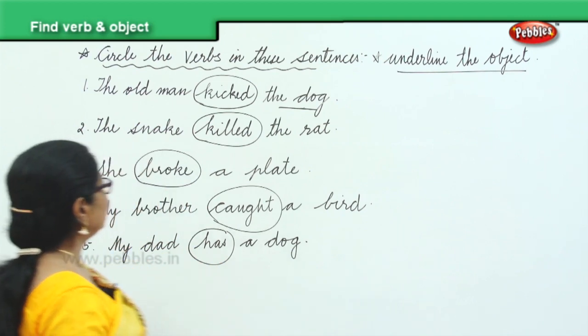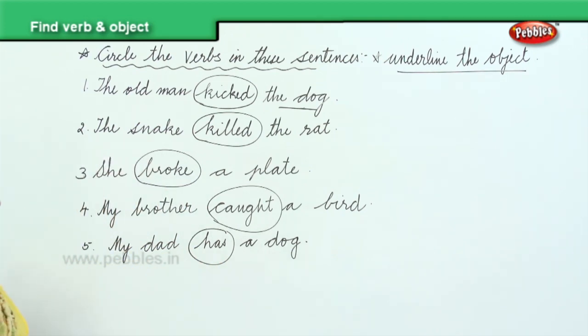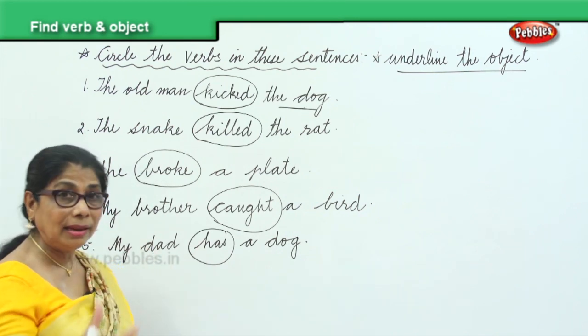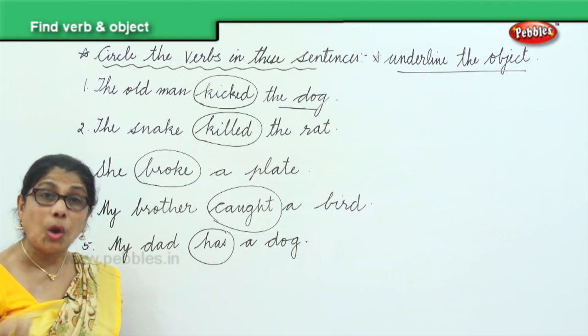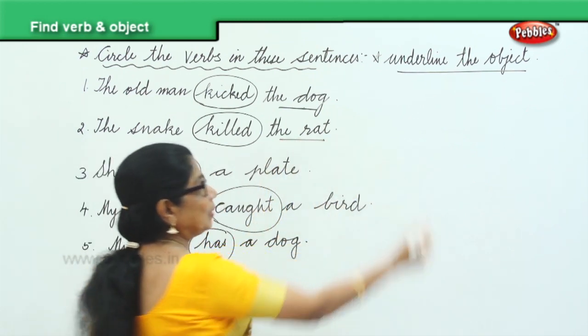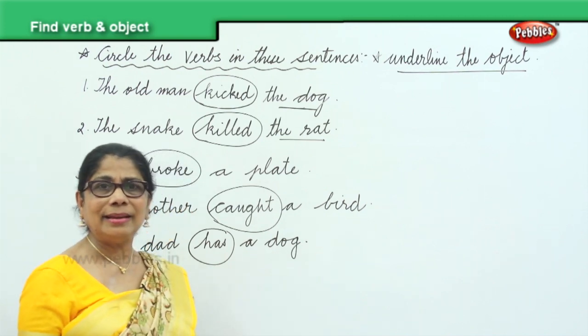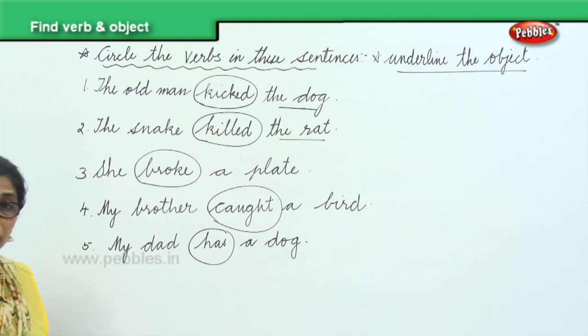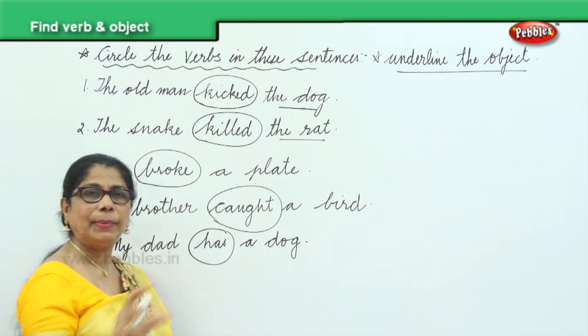Second sentence, the snake killed the rat. The snake, what did he do? He killed. Where is the object? What is the object the snake killed? The snake killed the rat. Underline the object, rat. The next sentence we have, she broke a plate. The subject, she. What action did she do? She broke a plate.